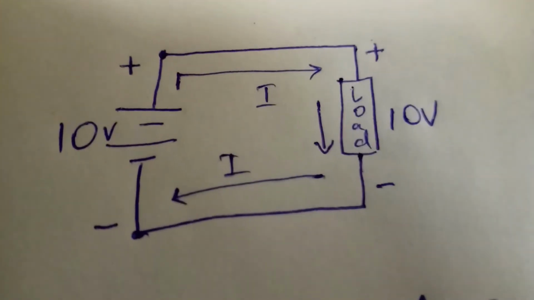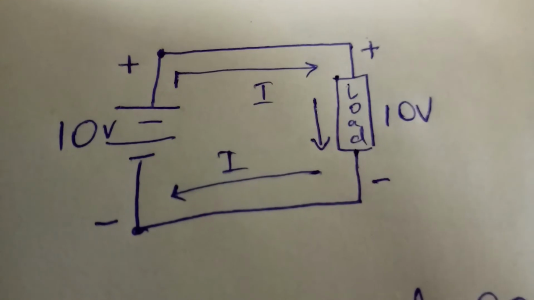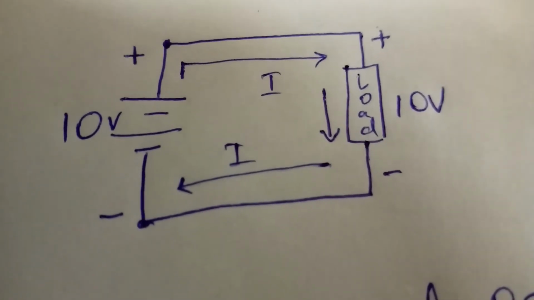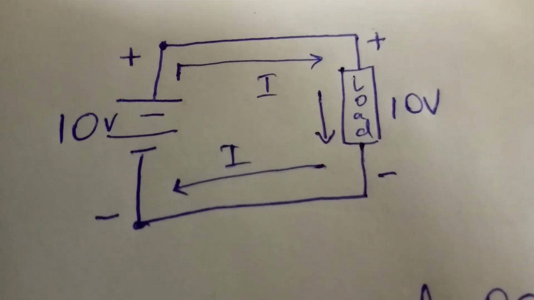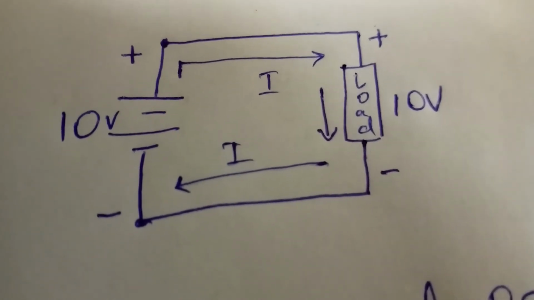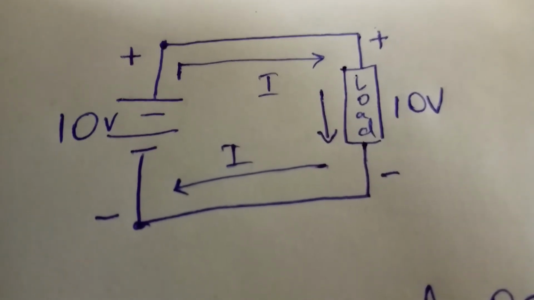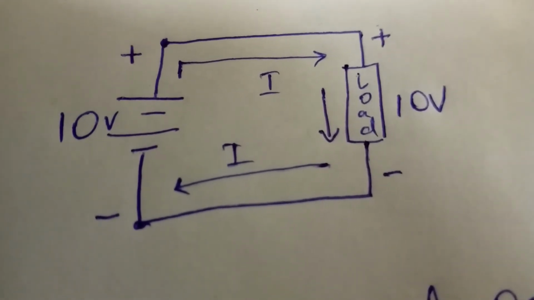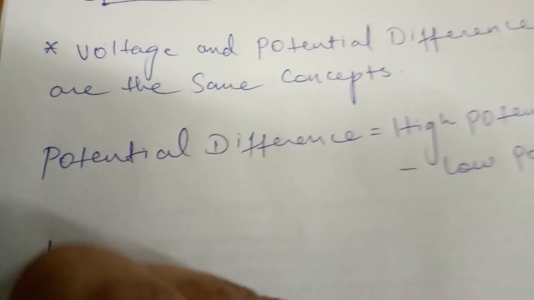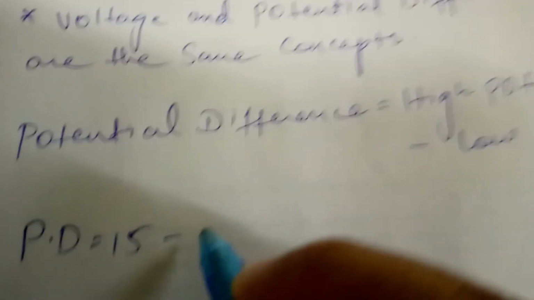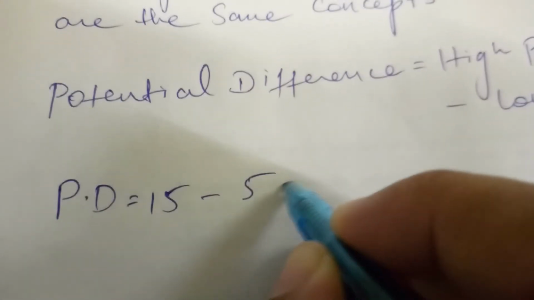If the potential difference is 10 volt, then I will say the positive terminal can be at 15 volt and the negative terminal can be at 5 volt. So 15 minus 5 is equal to 10. So the potential difference will be 15 minus 5 is equal to 10 volt.